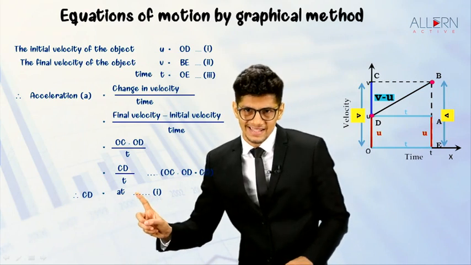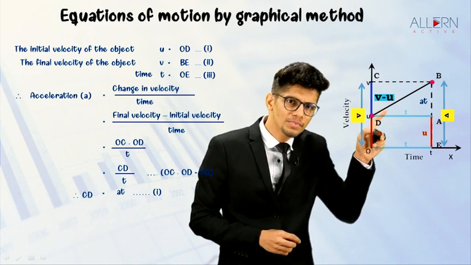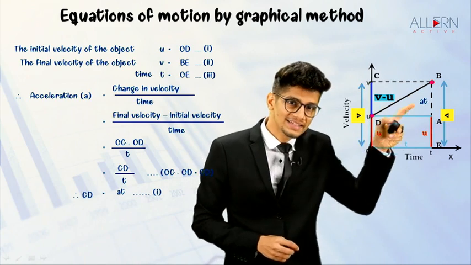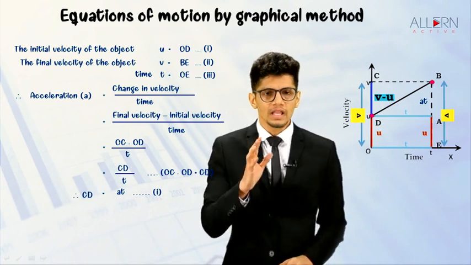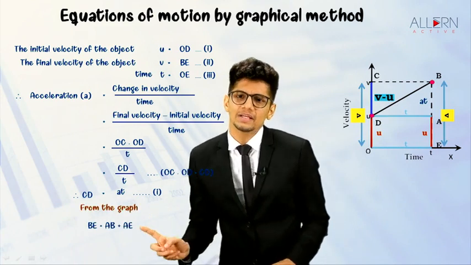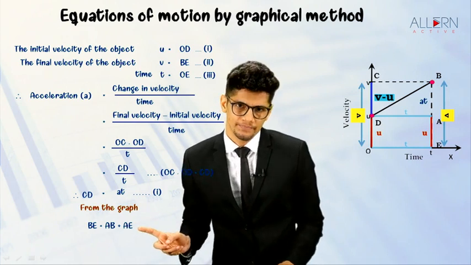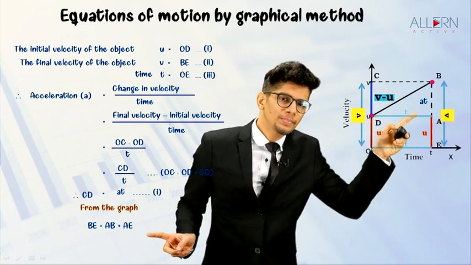Now this CD is nothing but at, so we'll shift this at over here and we'll remember that this AB distance is at, or BA is at. Now one thing we know from the graph is that BE is equal to AB plus AE.